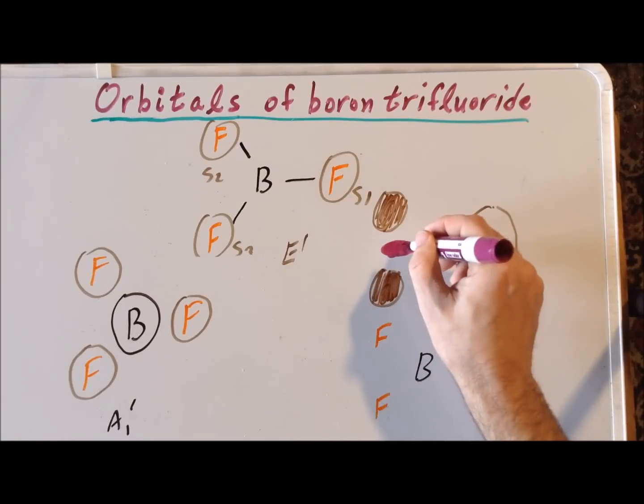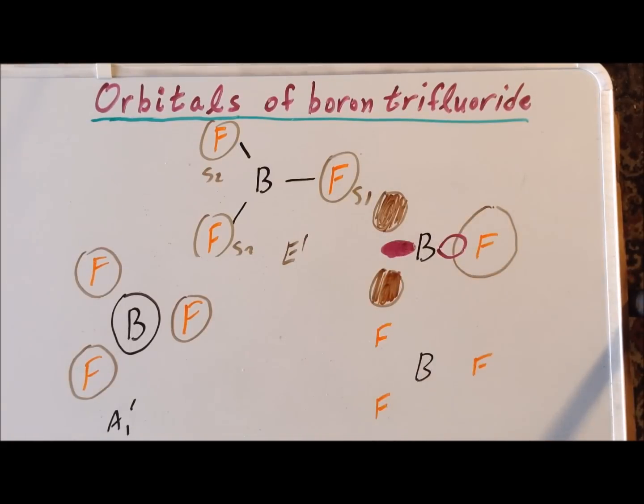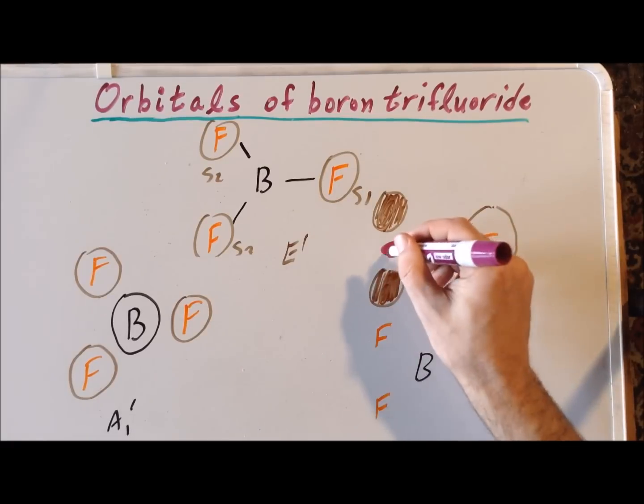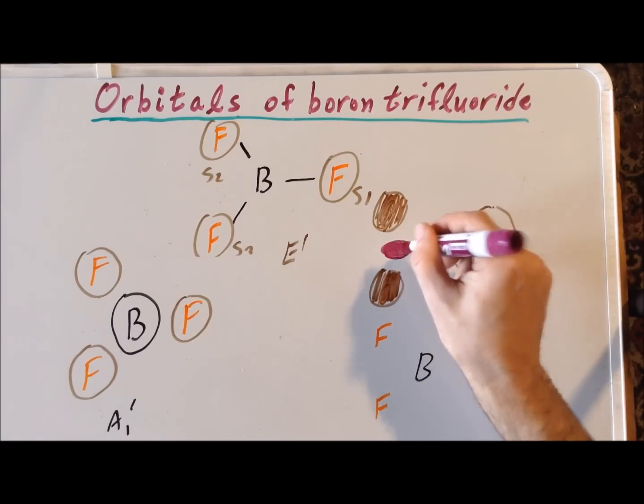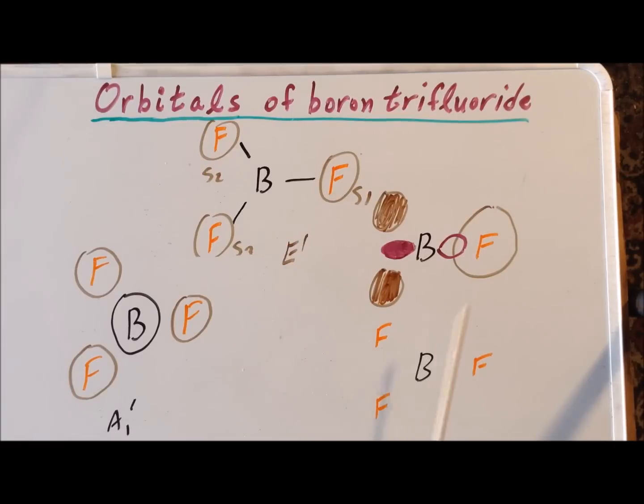The two different lobes have different parity. There we go. So now we notice that for this side, they have the same phase, so that's a bonding interaction. In this direction, they have the same phase, both negative, so that's a bonding interaction. And then the molecular orbital goes from having negative phase to positive phase.